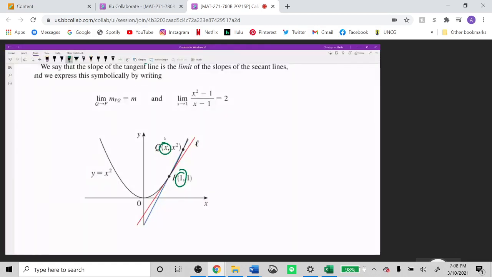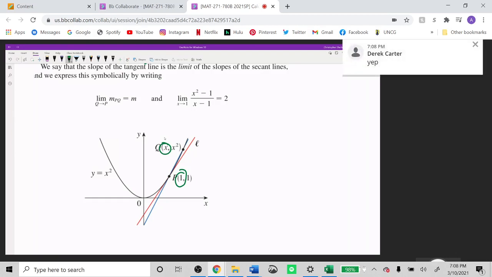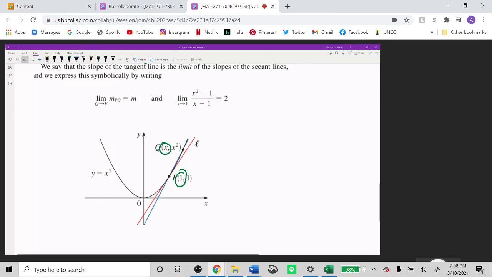Does this make sense? The limit as x approaches 1, so the limit as our x values get closer and closer to 1, of this equation is equal to 2. Okay.